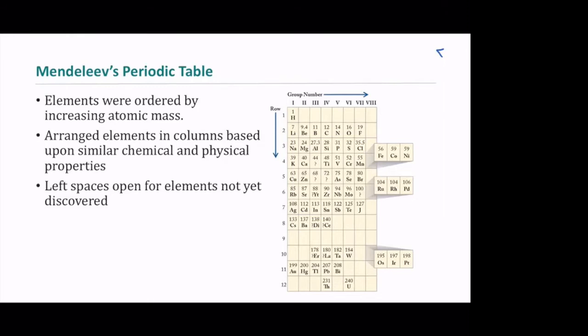Maybe, and I'm just making this up, I don't know exactly what he noticed, let's pretend he noticed that sodium forms with chlorine in the same ratios as potassium and chlorine, and they both form this chloride salt. So I'm going to put them underneath each other. They have maybe some other similar properties in appearance. So he grouped them together.